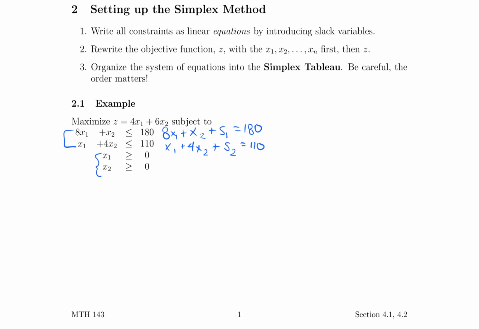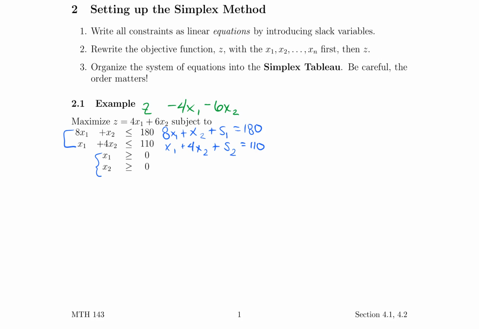The second thing that we need to do is rewrite the objective function, basically getting z and x1, x2, etc. on the same side, and we need the z to have a coefficient of 1. So essentially what we're going to do is subtract everything onto the same side as the z. So our objective function will become z equals negative 4x1 minus 6x2.